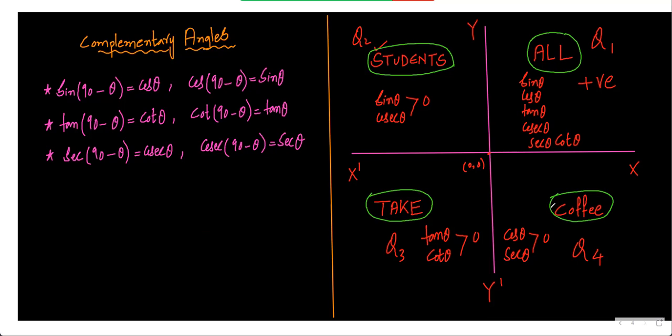All silver tea cups. All values are positive. Here only sin and cosecant positive, remaining all values. Any value if it is in second quadrant, except sin and cosecant, that becomes negative. You have to remember this logic, okay?